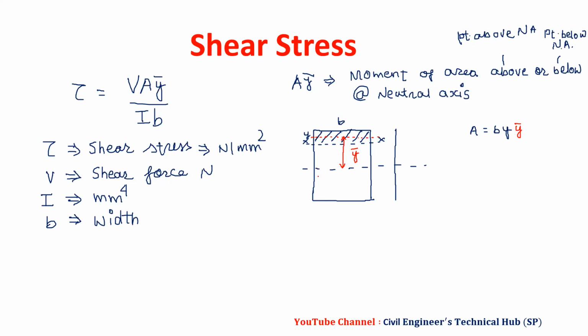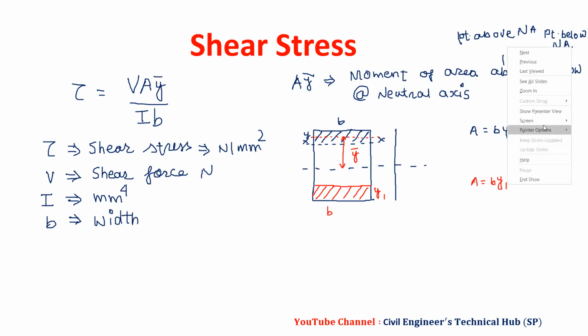Now this is A y bar. Suppose you have taken the area below the neutral axis. Then we have to consider this area. Let us say this is B and this is Y1. So the area is B into Y1.